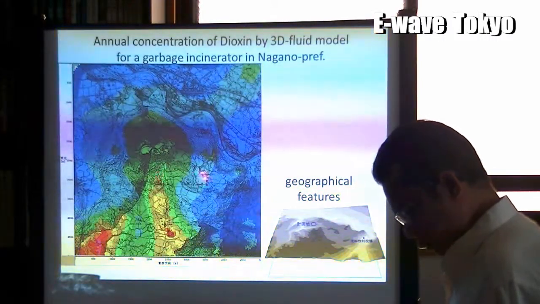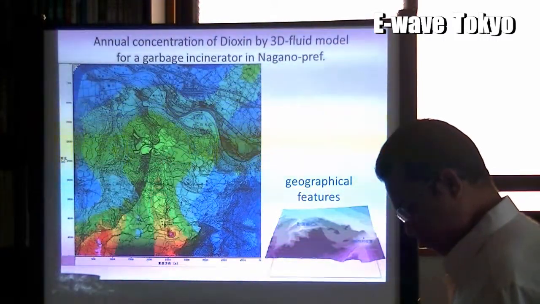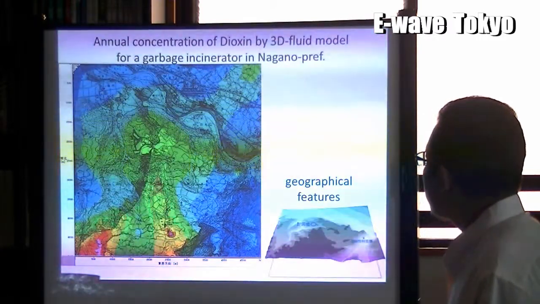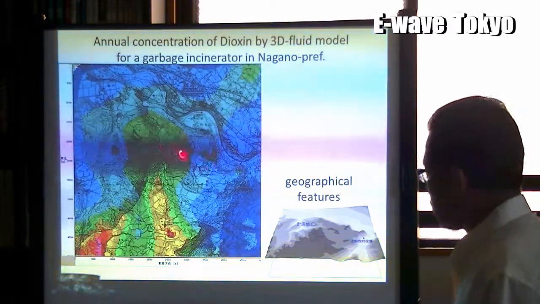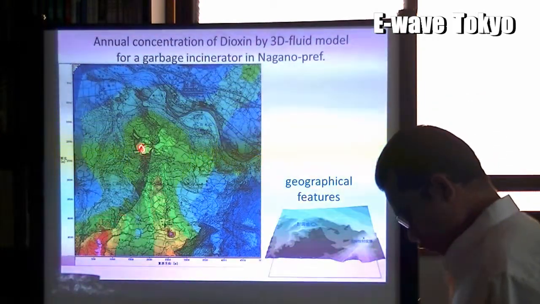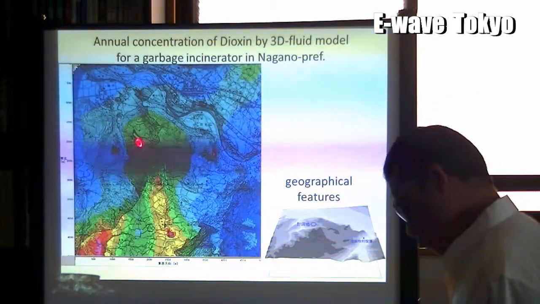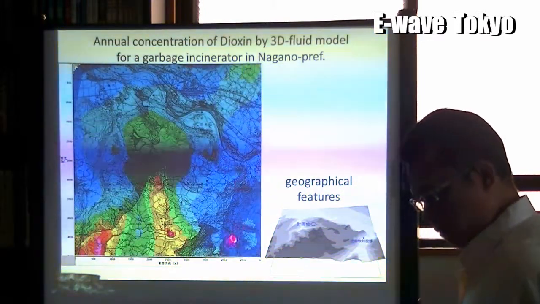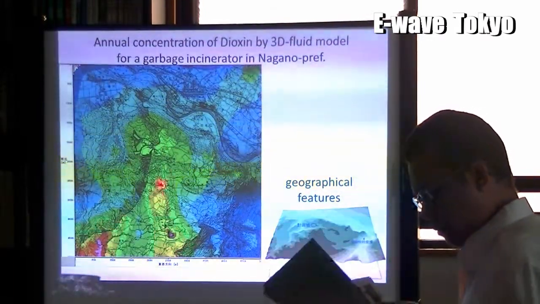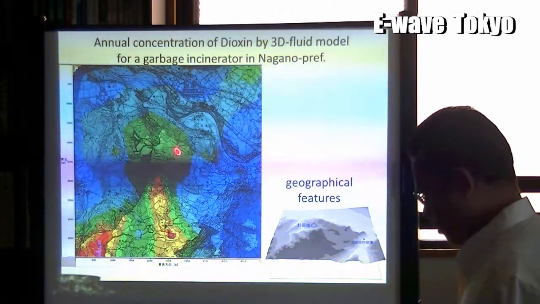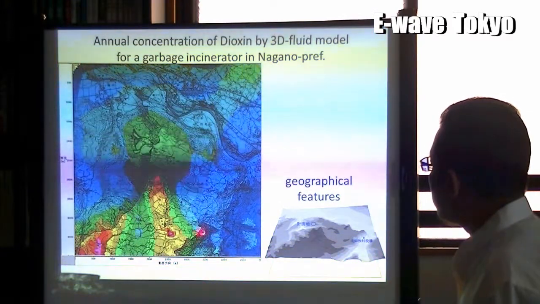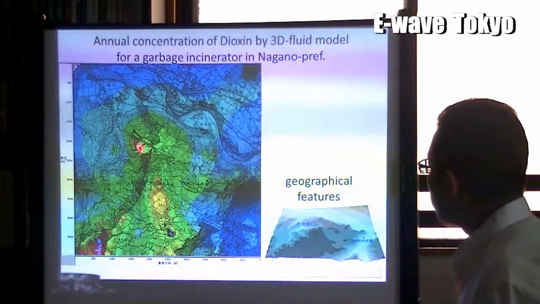Next one. This is another one. This ground was for municipal garbage. This is the site of the incineration, and this municipality is not the one it is for.